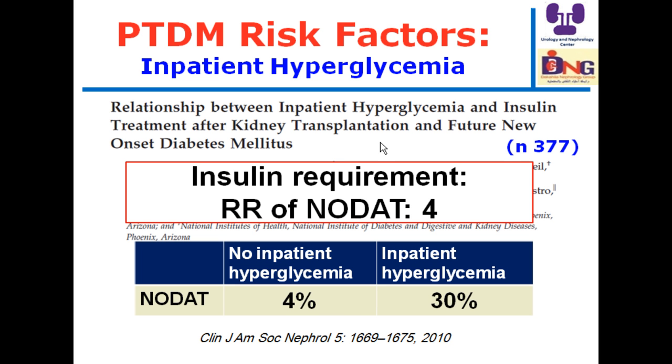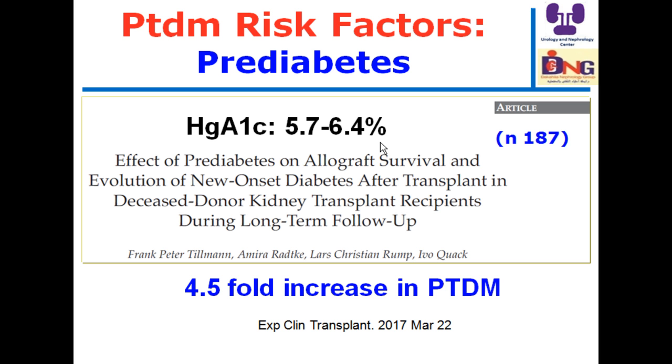Is there a period of inpatient hyperglycemia? Did this inpatient hyperglycemia necessitate insulin? Because the presence of inpatient hyperglycemia is bad news, and if this hyperglycemia necessitated insulin, this increases the risk of development of diabetes more and more.